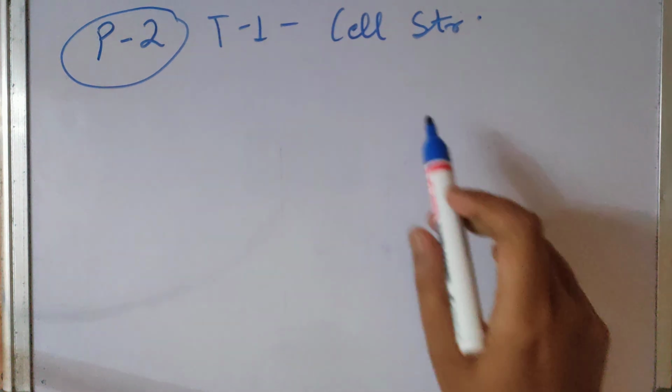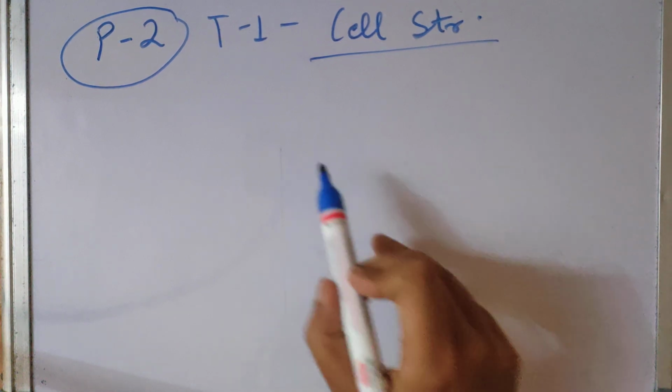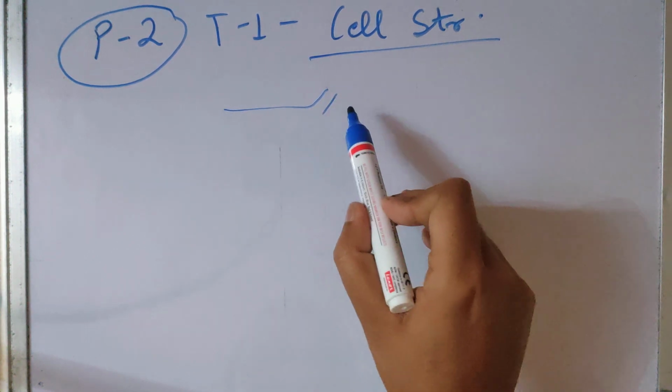So when we look into a plant cell, as we are into agriculture optional, we will focus on the ultrastructure of plant cell. You will see the cell like this.